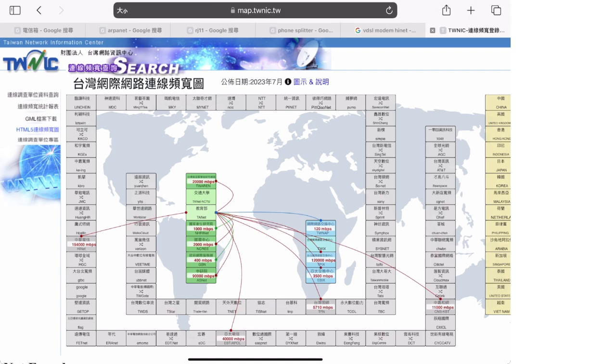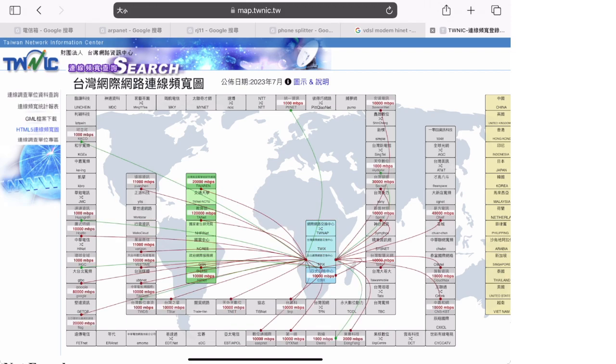And those blue blocks are exchange centers. They are companies.